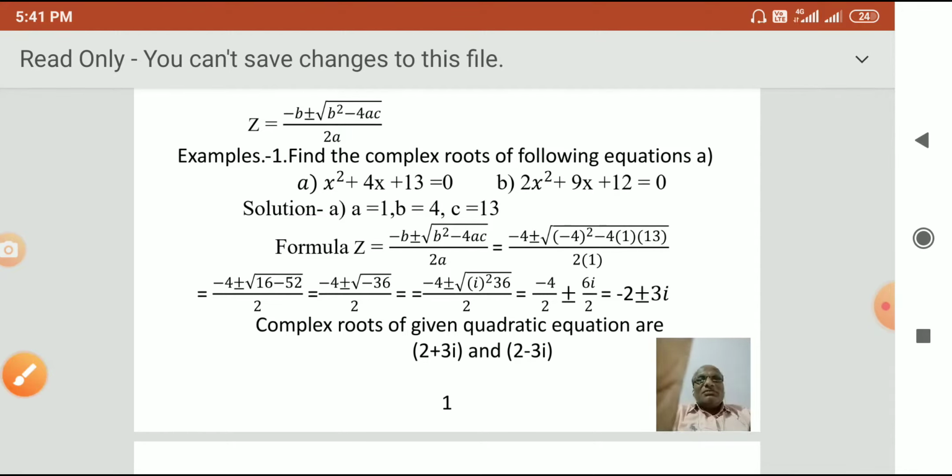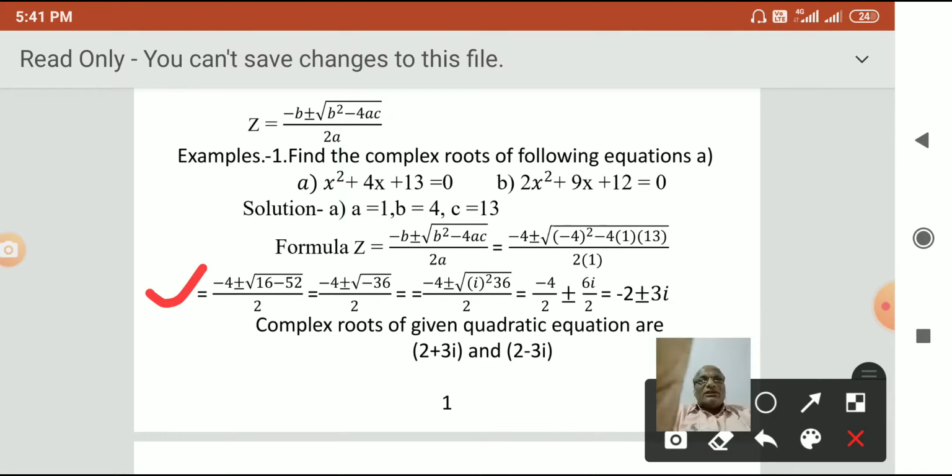Now after simplification we get minus 4 plus or minus square root of 16 minus 52, divided by 2. So here when we simplify 16 minus 52, we get minus 36. So minus 4 plus or minus square root of minus 36, divided by 2.